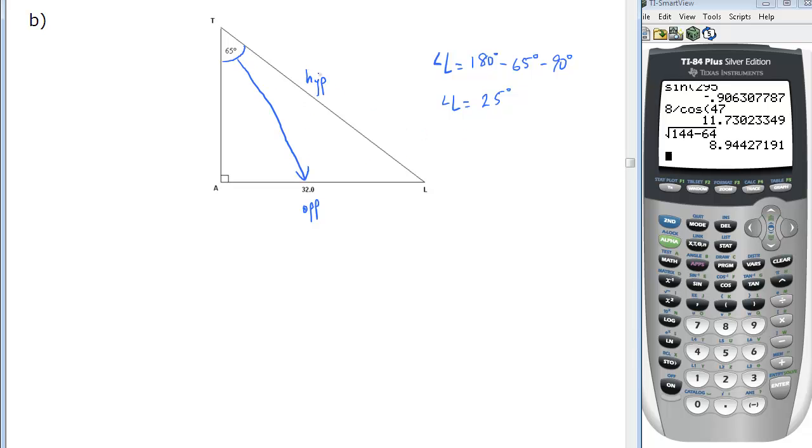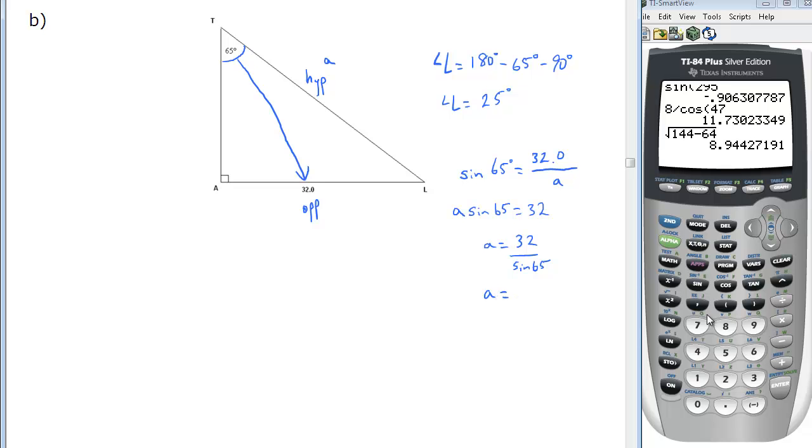So to find the hypotenuse A, we're going to say the sine of 65 is going to be opposite, that's 32.0, divided by A. Cross multiply, we get A times the sine of 65 is 32. And if we solve that, we get 32 over the sine of 65.